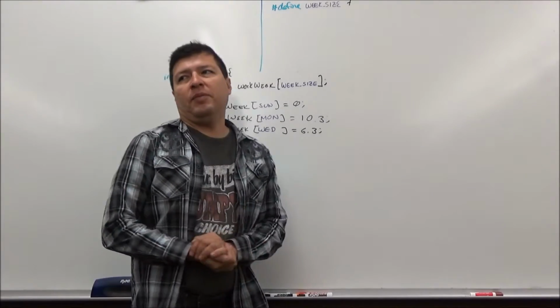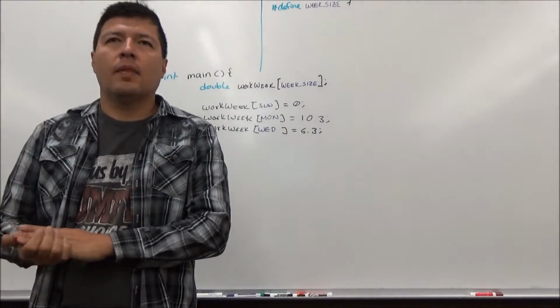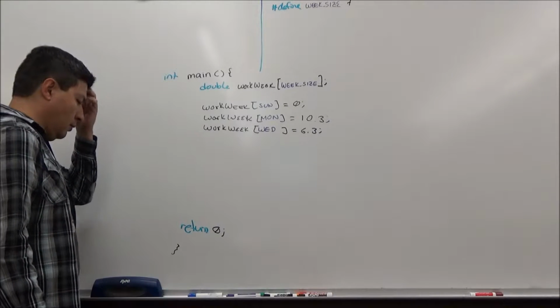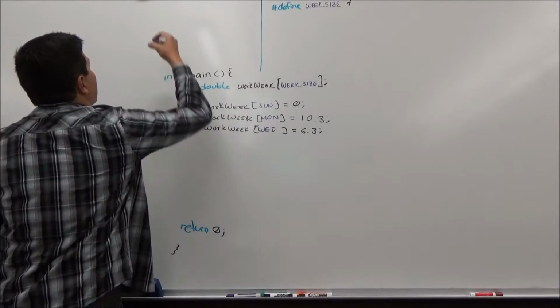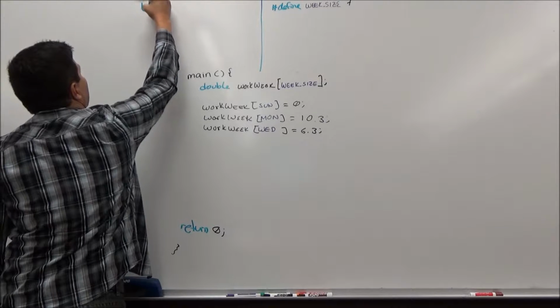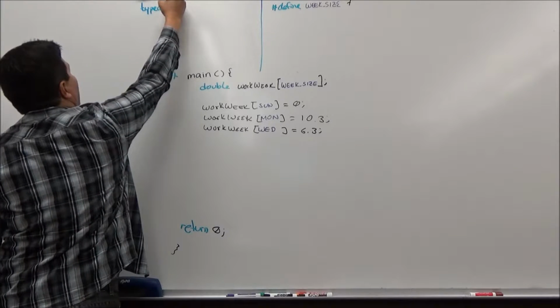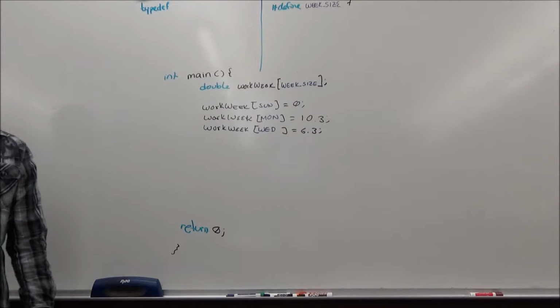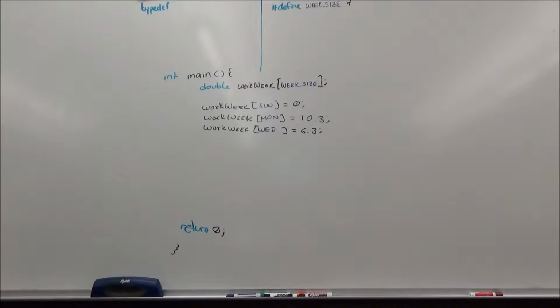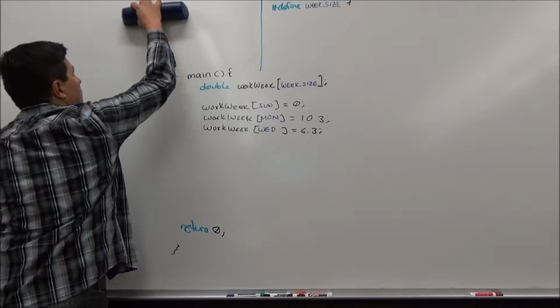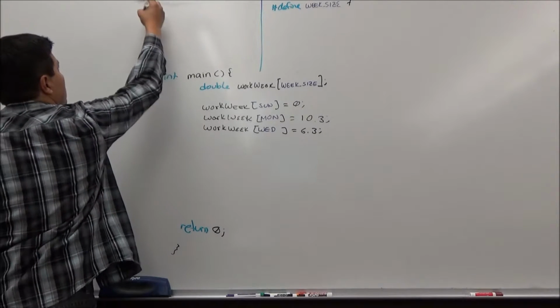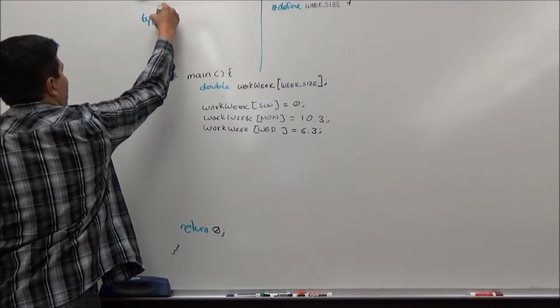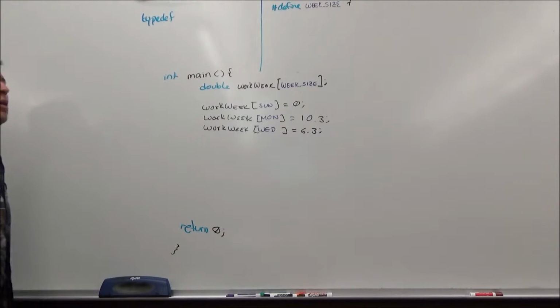So, I want to make my own types. I'm going to define my own type, and I use this keyword, typedef, type definition. So this type definition, what are you defining?